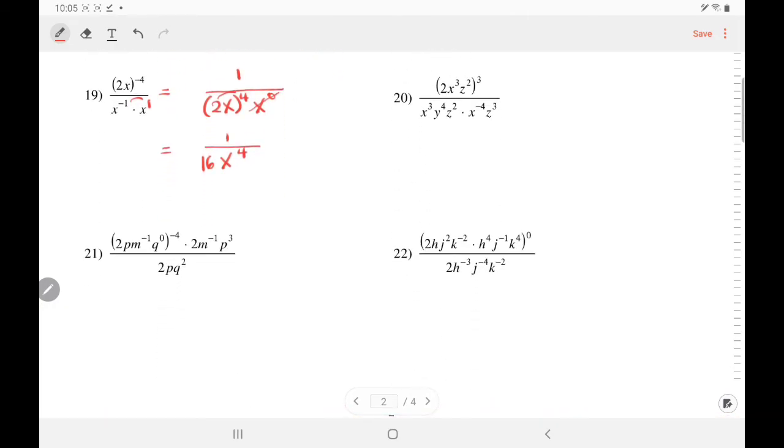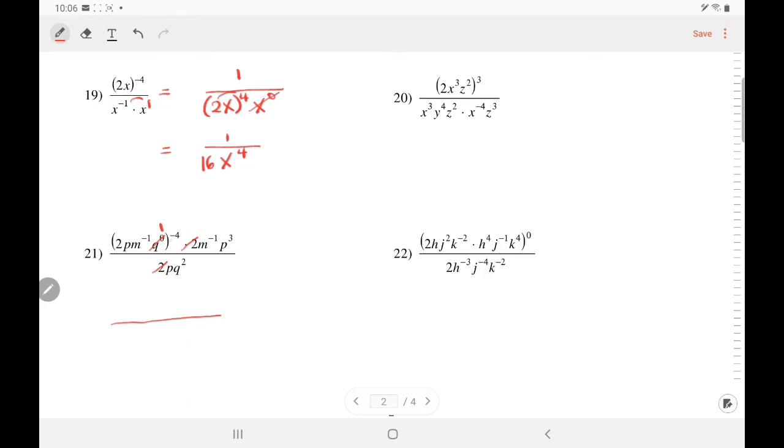Number 21 is a long one. We'll deal with it a little bit at a time. Right off the bat, I see this bottom 2 will cancel with the top 2, so I'll take it off. And q to the 0 is 1, so don't have to worry about that. Okay, I will write everything else. Let's move a little bit at a time.